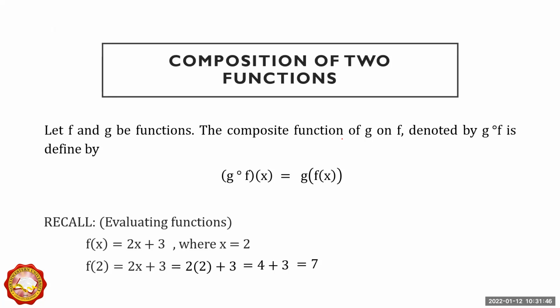Composition of functions is denoted by this one, circle. So, binabasa natin to as G circle F. And pag nakita mo ang G circle F like that, that means that your first here will be the outer and then yung second will be the inner.